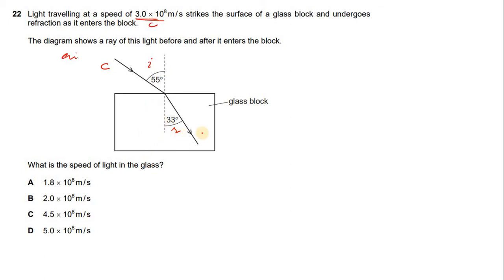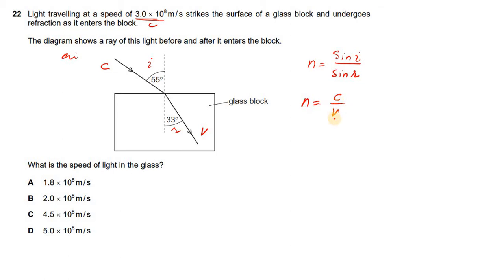The speed of light in the glass block is denoted by V, and we are given the incident and refracted angles. Remember, the refractive index of glass N, in terms of angle, is sine I over sine R. In terms of speed, refractive index N is C upon V. So the refractive index of glass is C upon V.